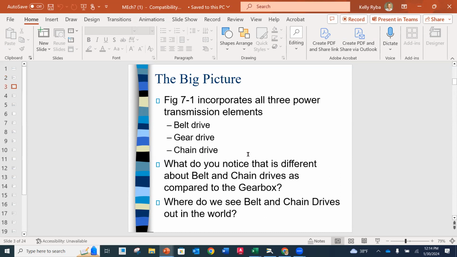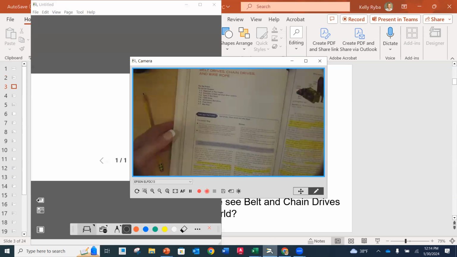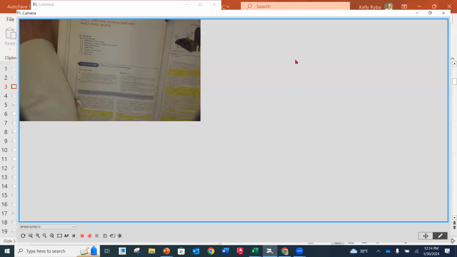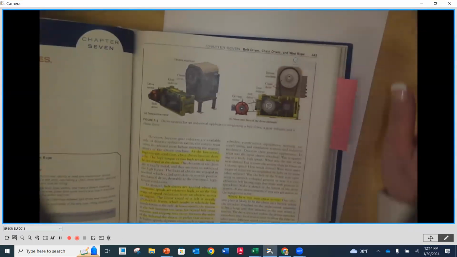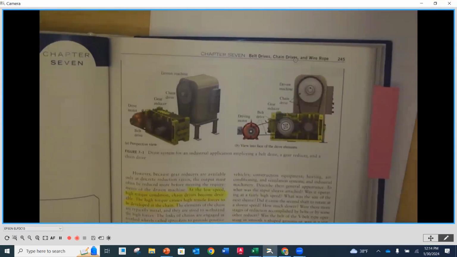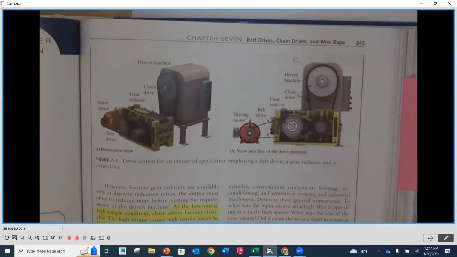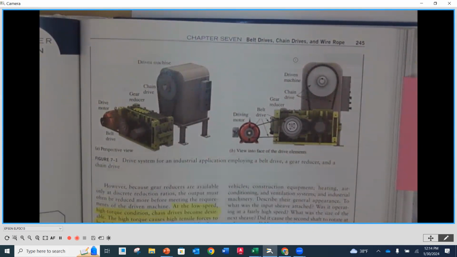So if we take a peek at figure 7.1 in our book, and I'm going to go underneath my camera, this figure is at the top of page 245. Okay, so if you open up your book, you'll see this more clearly. Now, in this case, we have a pictorial view, and then a straight on view. And what we have is a drive system.